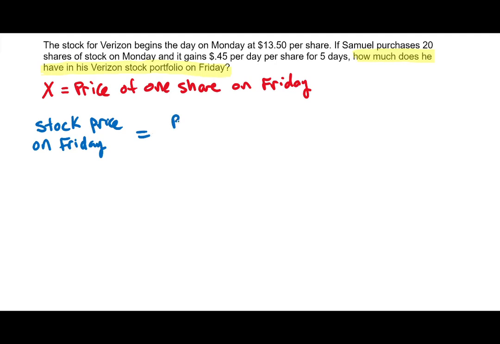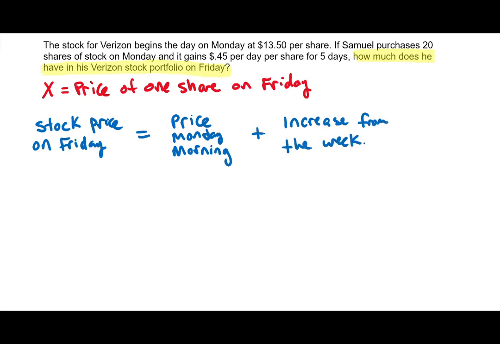So let's say price Monday morning plus the increase from the week. I'm saying Monday morning because it's saying he buys it at the beginning of the day on Monday.